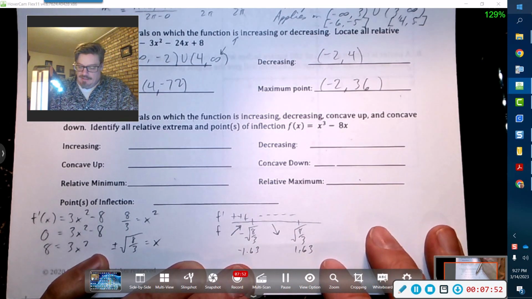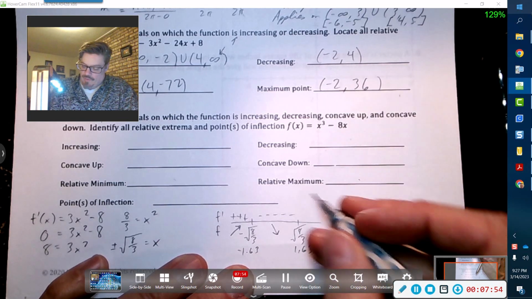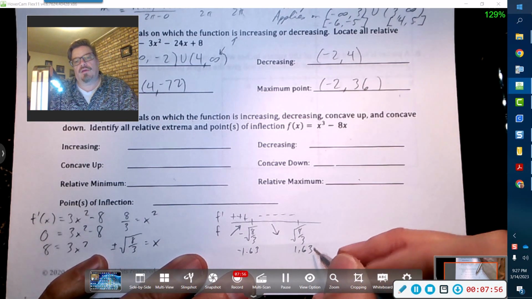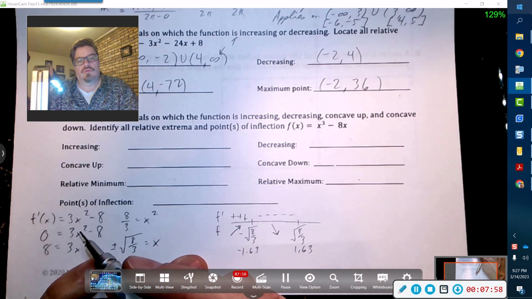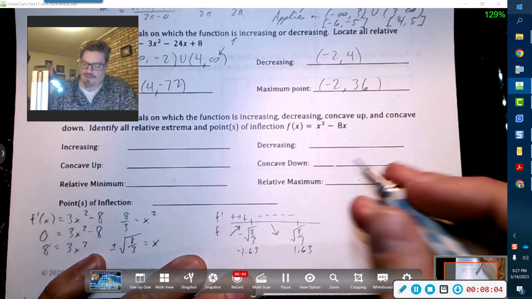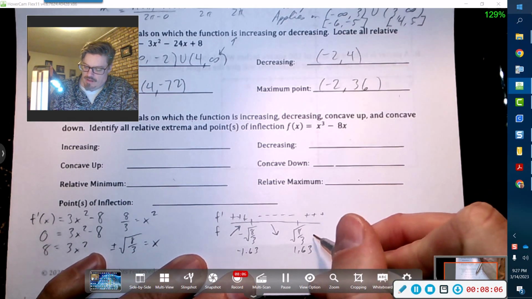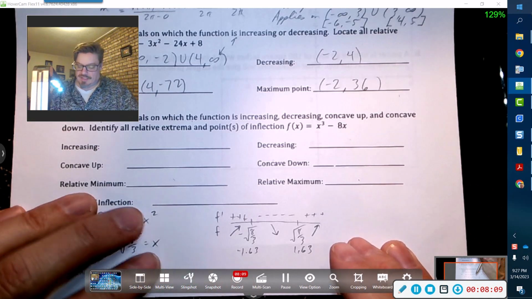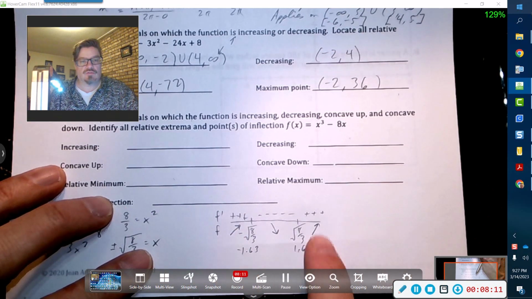Then we are going to pick a number bigger, so 2. Plug in a 2, and yeah, positive. So it looks like this guy is increasing on these two intervals. Awesome.